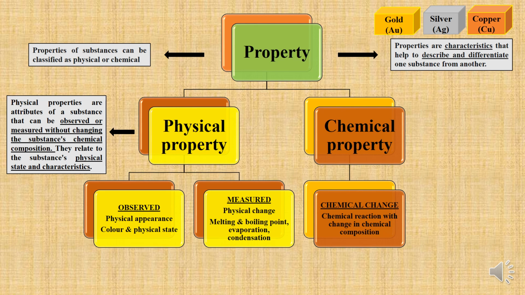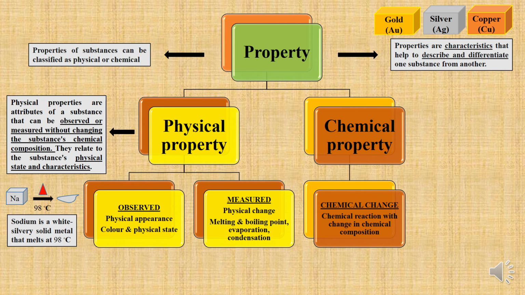Let us try and understand the physical property of the sodium metal. Sodium metal is a white silvery solid that melts at 98 degrees Celsius. Here we can observe the physical characteristics of sodium and also we can measure its physical change.